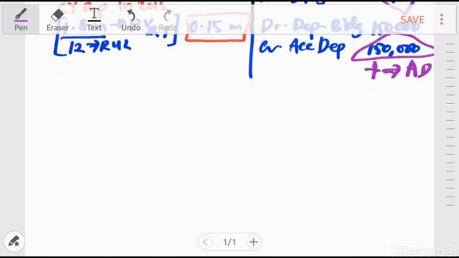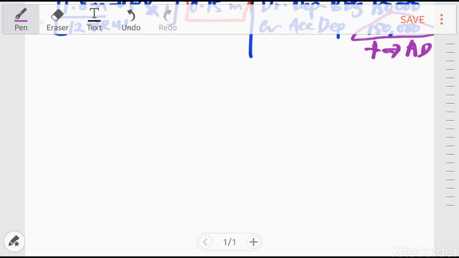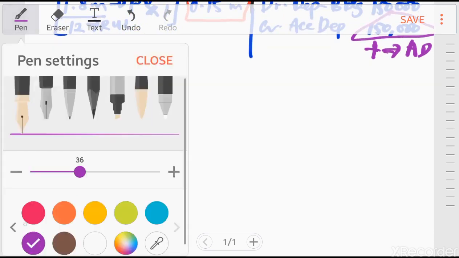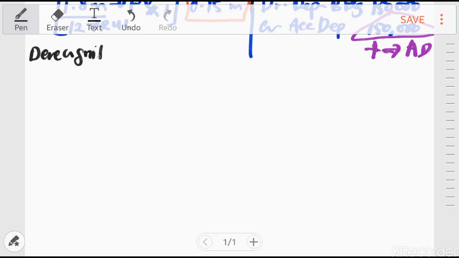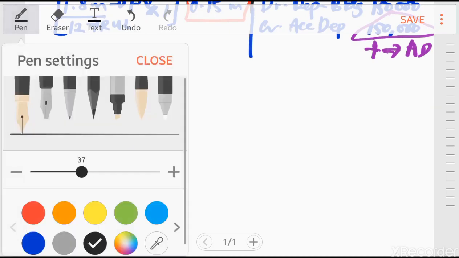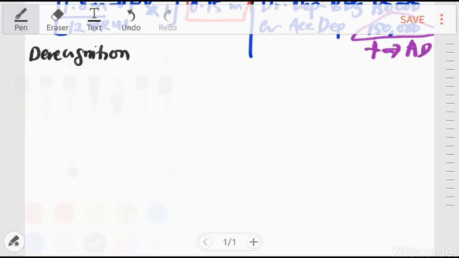Now we'll move on to our next part. Our focus here is on derecognition of building.